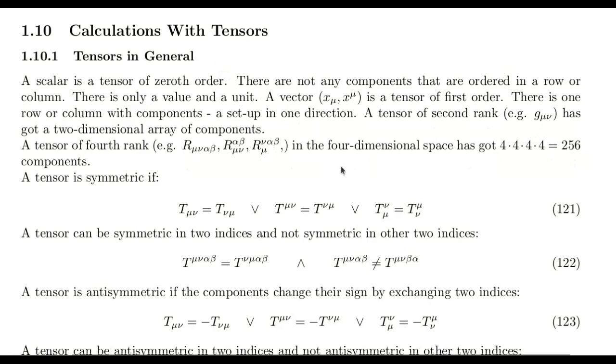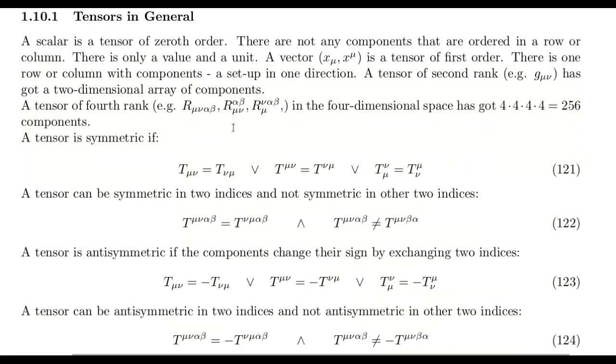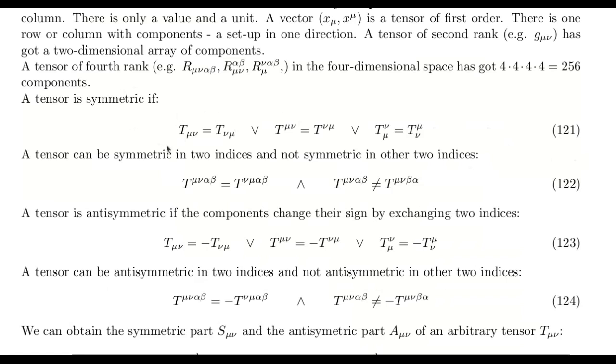Then a tensor is symmetric if the value does not change if we exchange two indices. That means here tensor T mu nu is the same as T nu mu. And that's the same for the covariant, contravariant or mixed tensor here in 121.